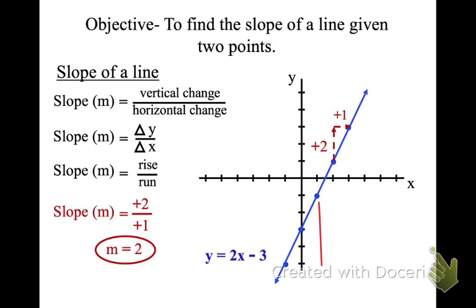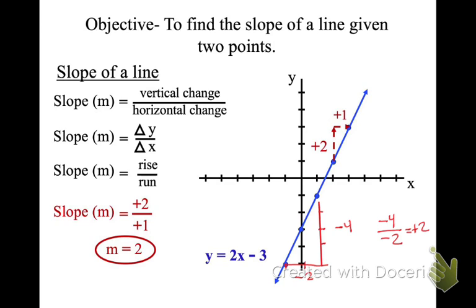That ends up being down 1, 2, 3, 4. So negative 4, sorry. And then I can go over 2: 1, 2, negative 2. So when I go negative 4 over negative 2, what does that reduce to? Negative divided by negative is a positive, and it equals 2.